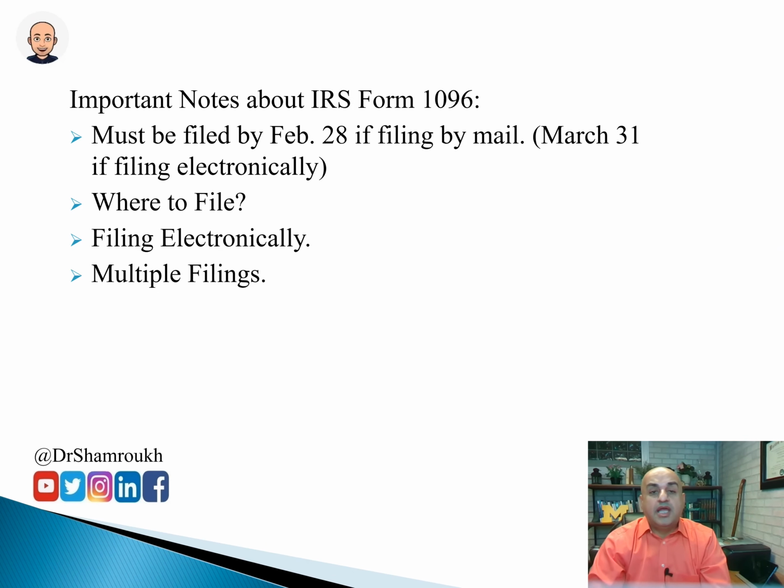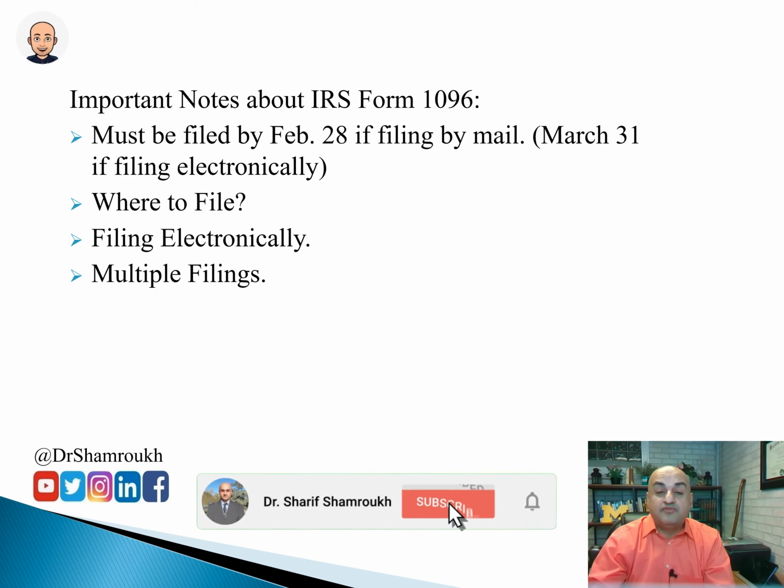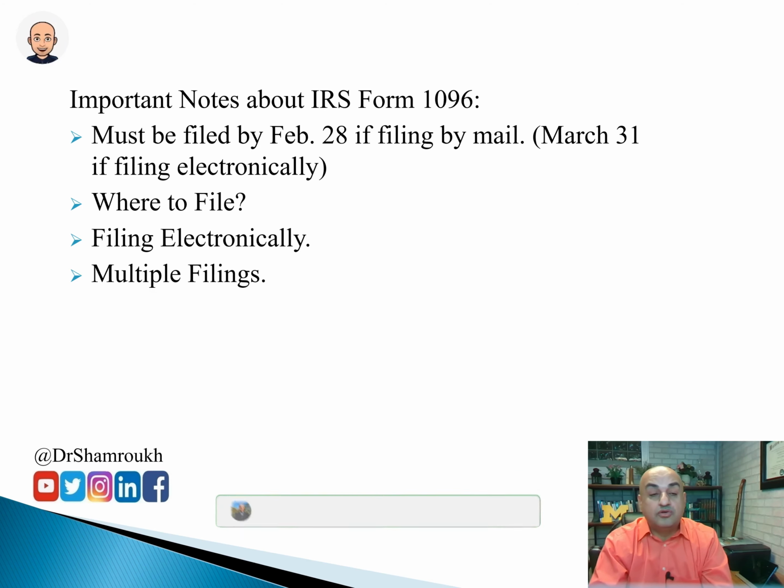Let's say after you already filed the 1096 for a certain number of workers, same example that we used here, 7 workers that you reported for 1099s in the 1096 form, you discover that you have another couple of forms that you forgot or missed or did not report. How to fix this? It's very simple. All you need is to bring another form 1096 and report the ones that you missed from your first report.